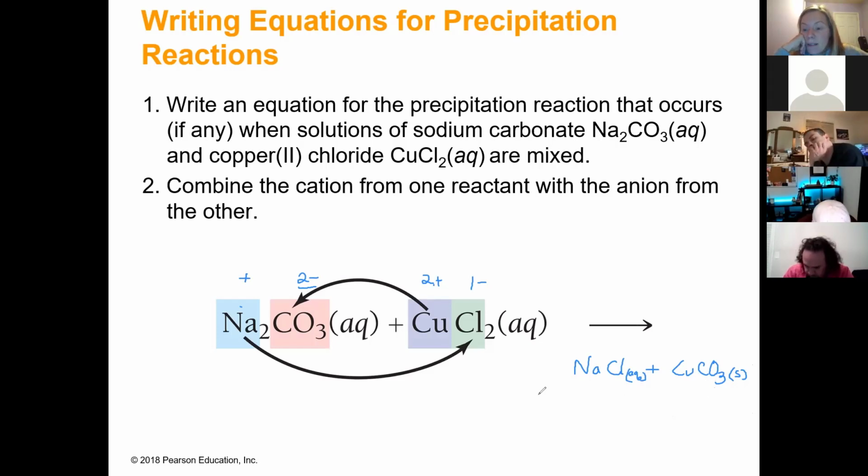So the last step is to balance it. Do you guys see how there's 2 sodiums here and 2 chlorines here, but only 1 sodium and 1 chlorine here? I'm going to put a 2 in front of there to balance it out. So flip-flop partners, see what your potential products are, look them up on a solubility chart, and then balance if need be.